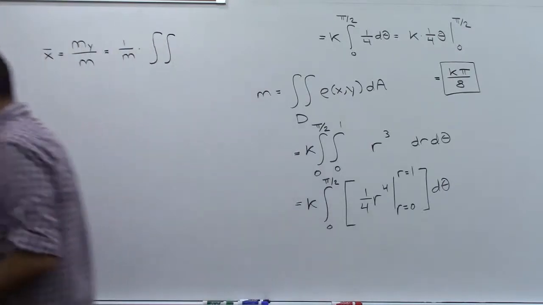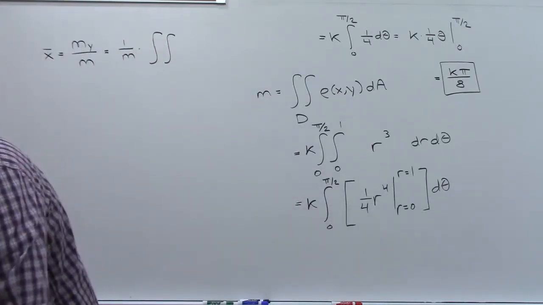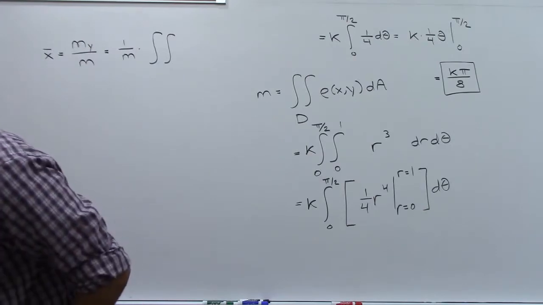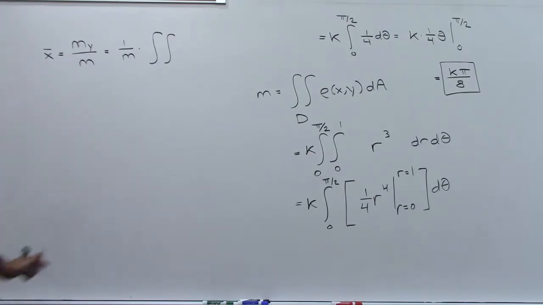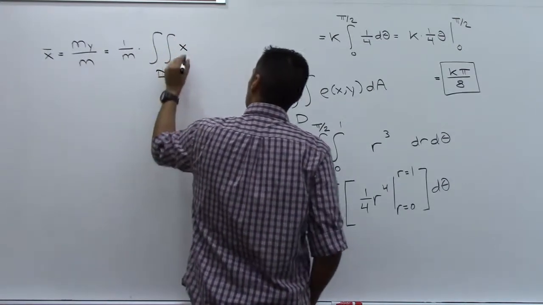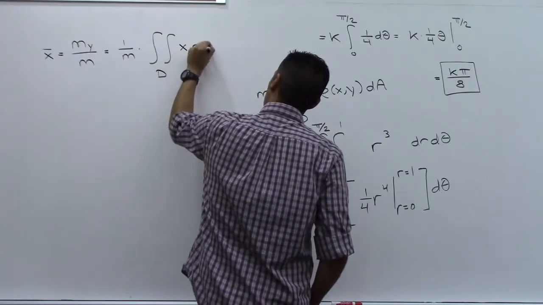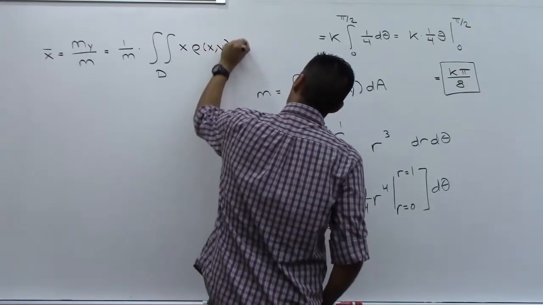And I gave you this in your notes. That's going to be the double integral over D of x times the density function with respect to area.